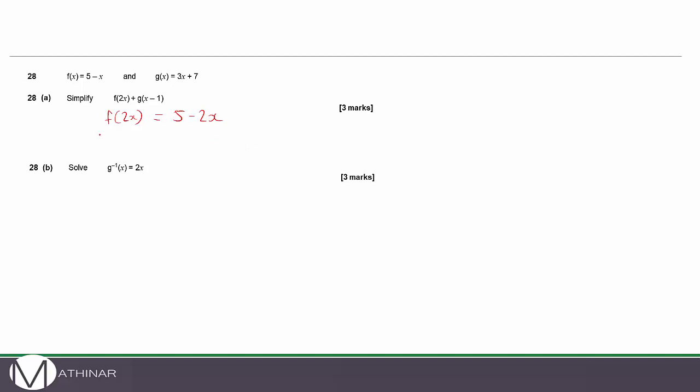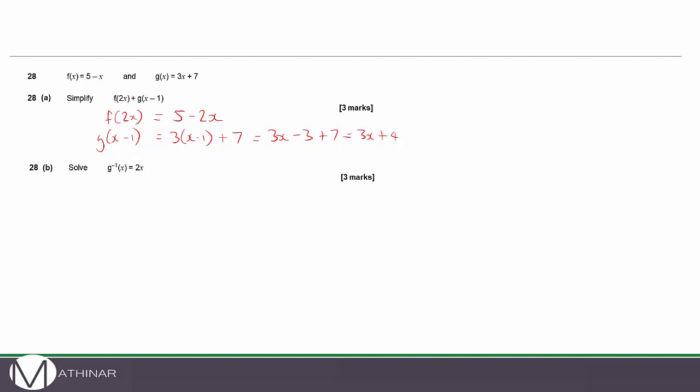What does g do to its input? Well, g multiplies by 3 and adds 7. So the input is x minus 1, so we're going to multiply that by 3, and then we're going to add 7. If we multiply this out, this gives us 3x minus 3 plus 7, which is 3x plus 4.